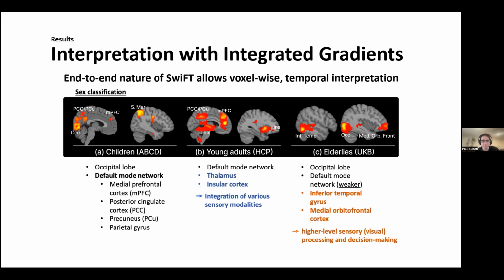So if you're interested in sex classification, this is a decoder you append to the end of the pre-trained Swift model, right?